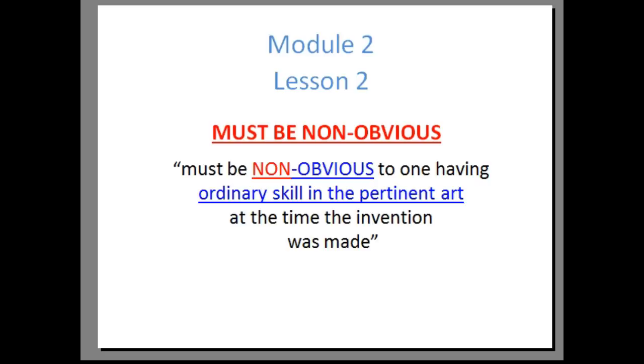The USPTO website states that in order to be non-obvious, it must be non-obvious to one having ordinary skill in the pertinent art at the time the invention was made. Now you must be very careful about this, because the patent examiners, when they're evaluating your idea for patentability, will really challenge you on this.